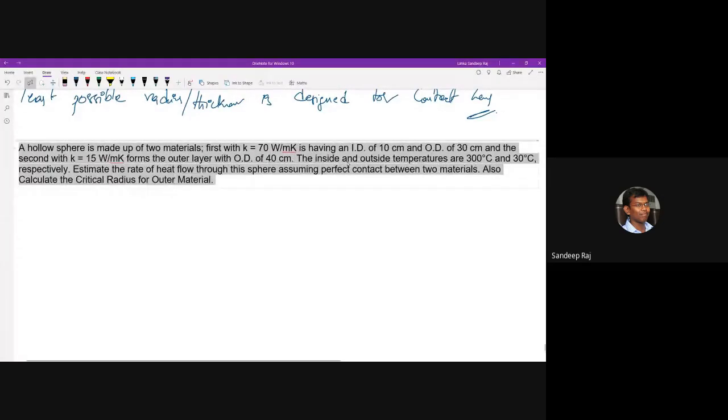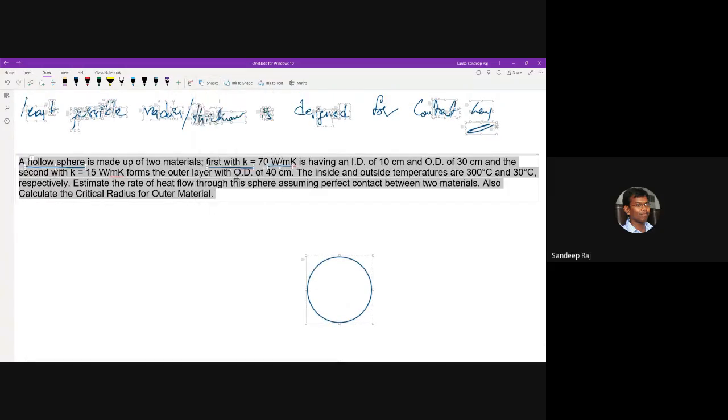All right. So this is one more question based on a sphere. Here what is given is a hollow sphere. It is made up of two materials, first with so and so K. Let me first draw the first one. That is the first thickness.